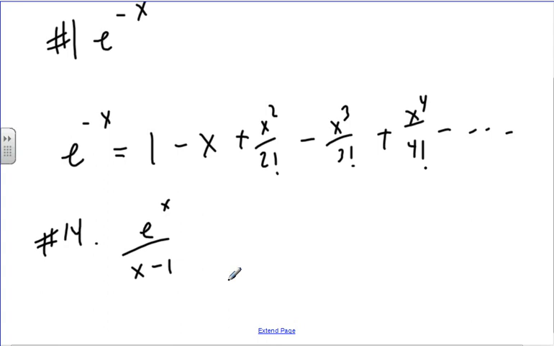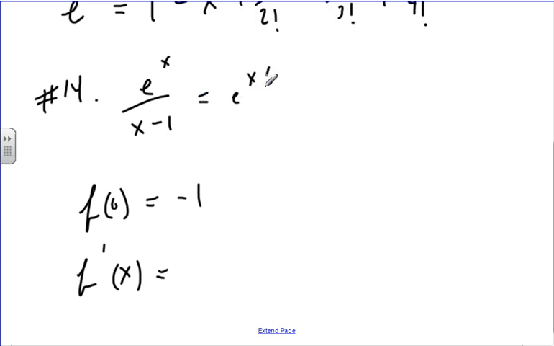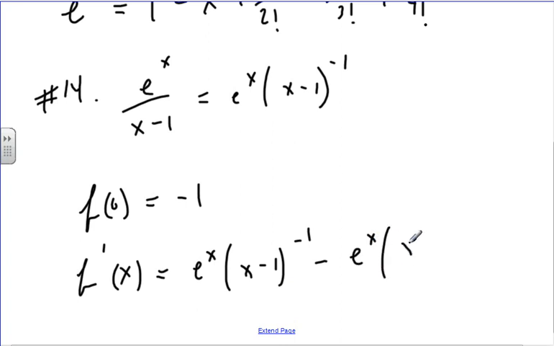Well, I guess there isn't. I guess we'll just find f at 0 is minus 1. f prime of x: this is e to the x times x minus 1 to the minus 1, so that's going to be e to the x, x minus 1 to the minus 1, minus e to the x, x minus 1 to the minus 2.